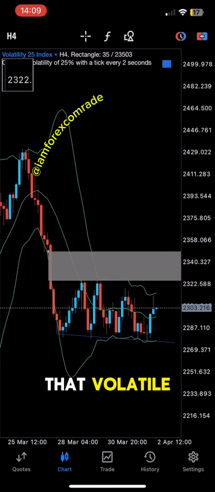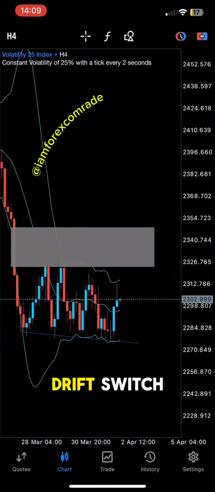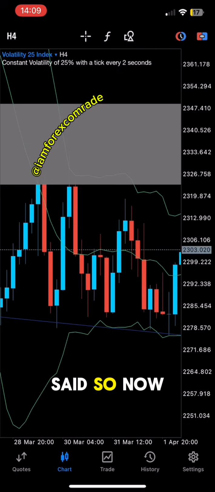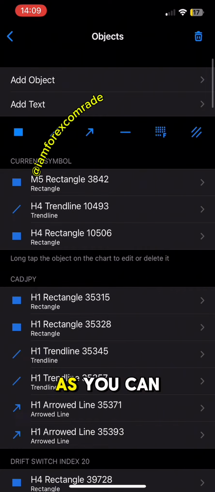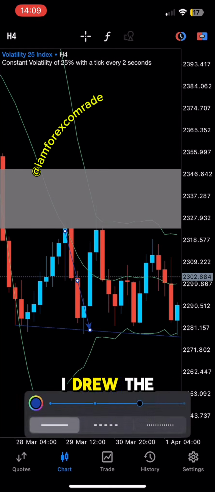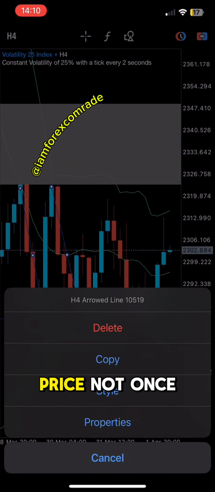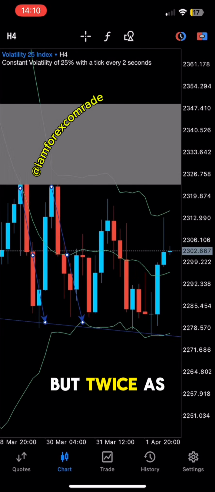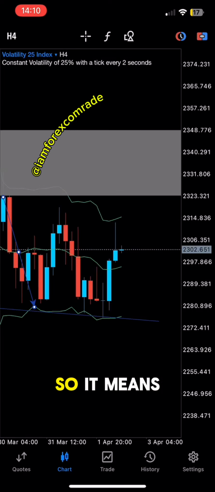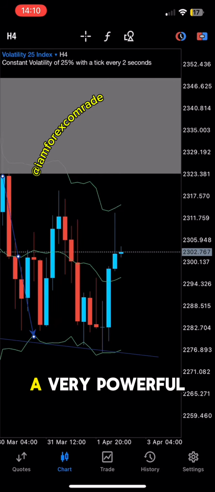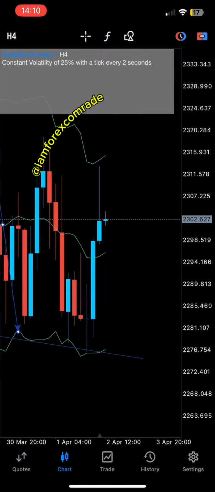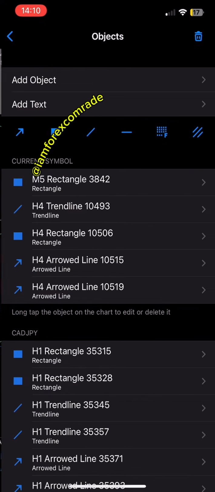Now, as you can see, I drew the fair value gap. That fair value gap actually repelled the price not once but twice, as marked by those two arrows. So it means it's actually a very powerful fair value gap that was being respected.